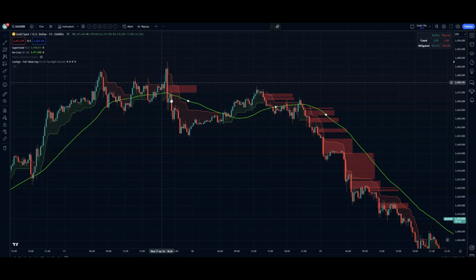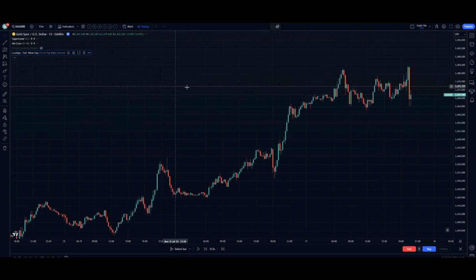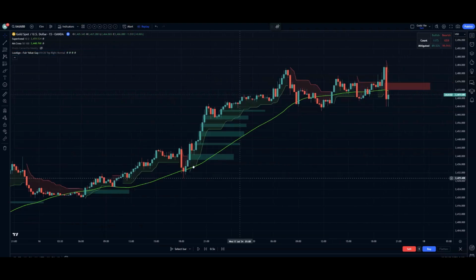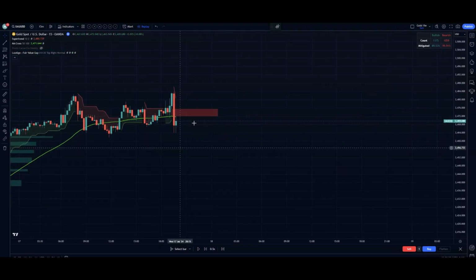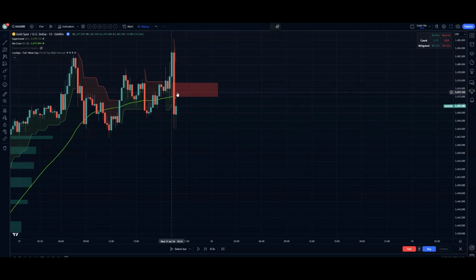Let me show you. For some reason, it's not working. So the FVG is now printed after the close of this bar. What would be our trade? Our entry would be at the top of this bar, the higher point, 2472.